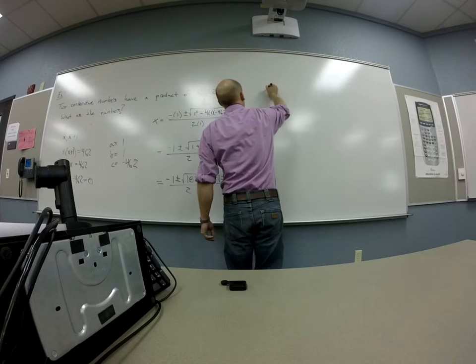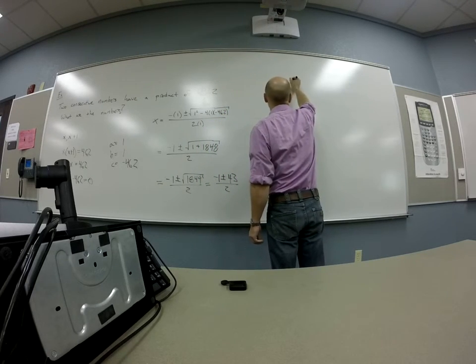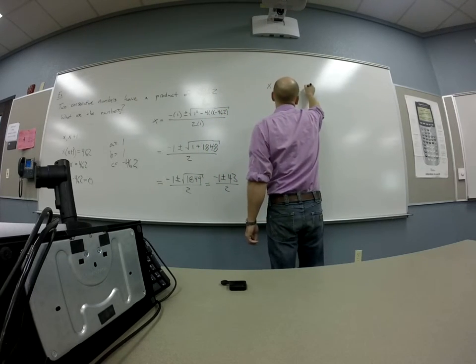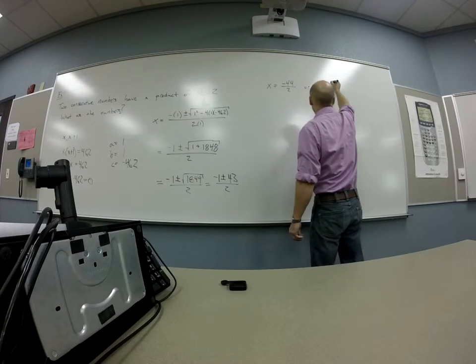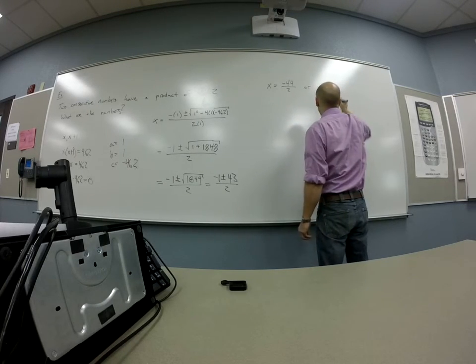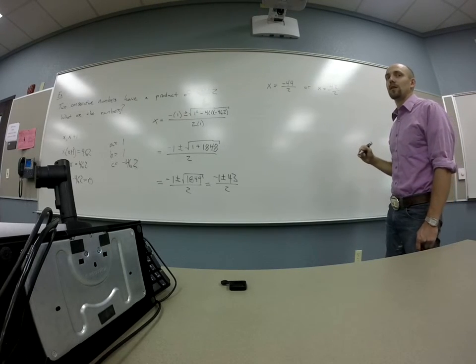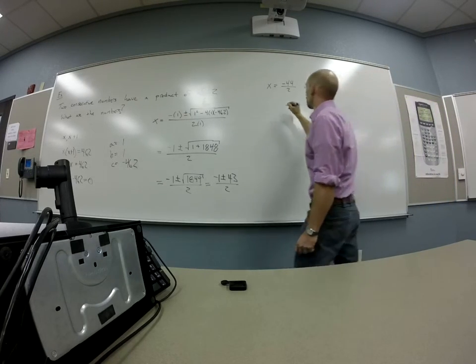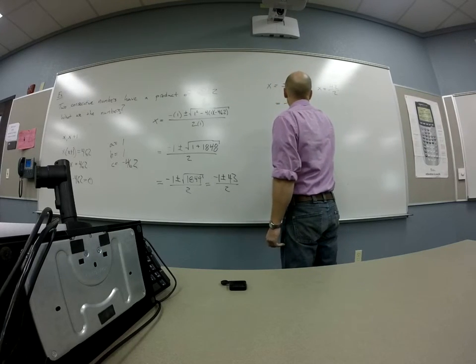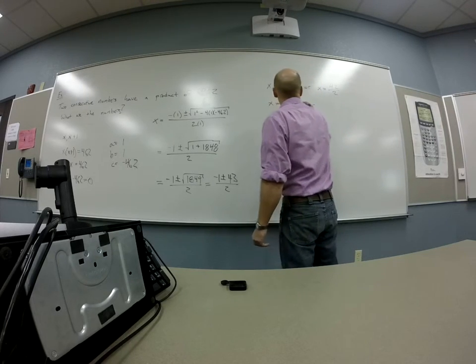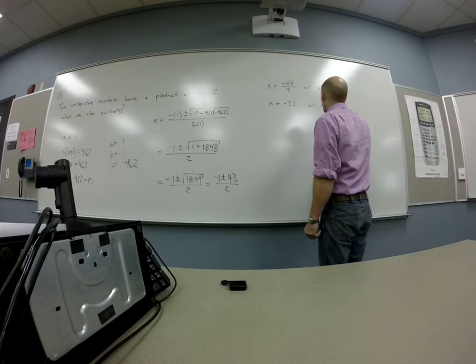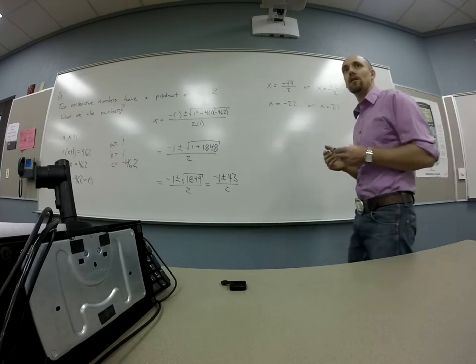So x is negative 44 over 2, or x is 42 over 2. Right? So negative 22, or 21.